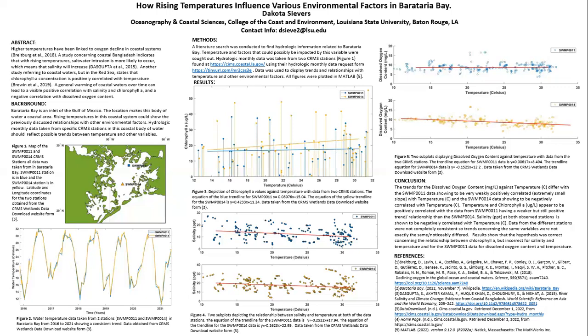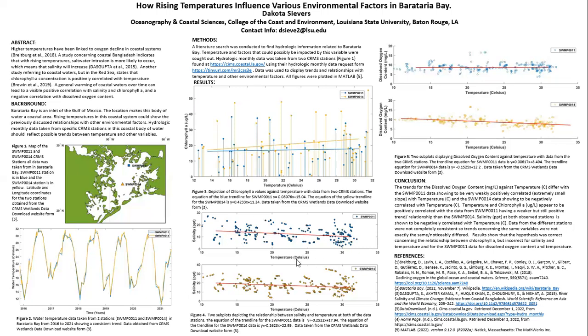Figure 3 displays the relationship with temperature and chlorophyll A concentration at both sites. You can see here and in the caption that the slope for the trend lines from both stations have positive slopes, showing that there is a positive correlation between chlorophyll A and higher temperatures at both stations.